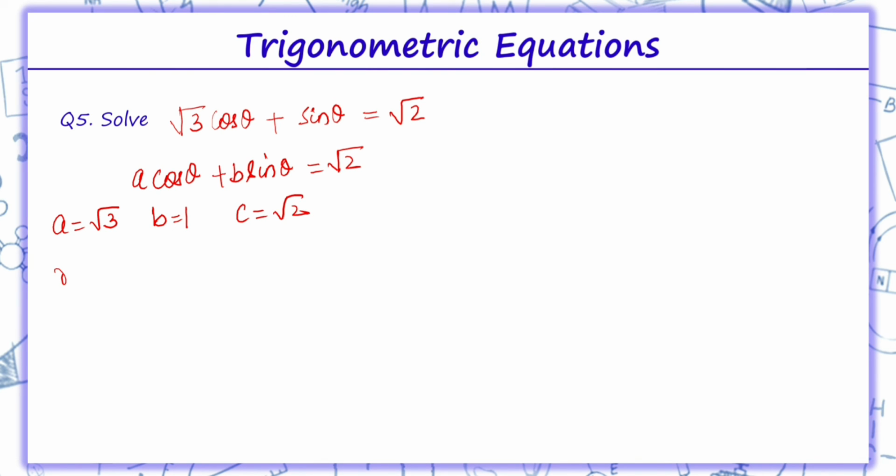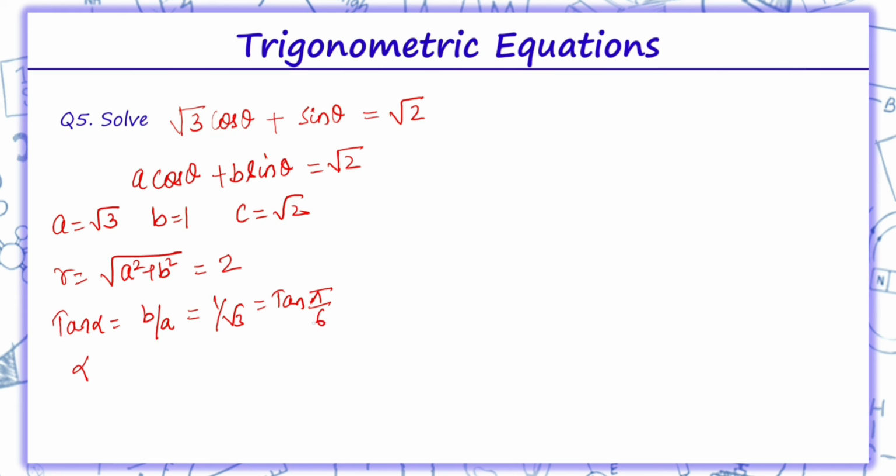So the value of r will be square root of a square plus b square, which comes out to be 2, and tan alpha is b by a, which is 1 by root 3. 1 by root 3 is tan 30, so alpha equals pi by 6.